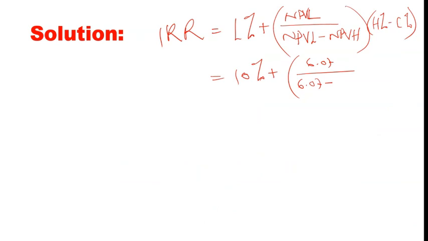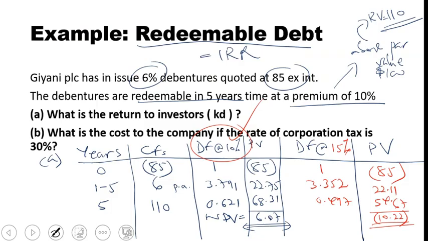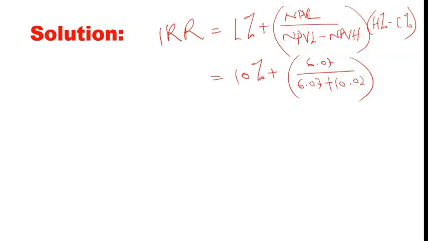So 6.07 plus 10.22. Multiply by 15% minus 10%.